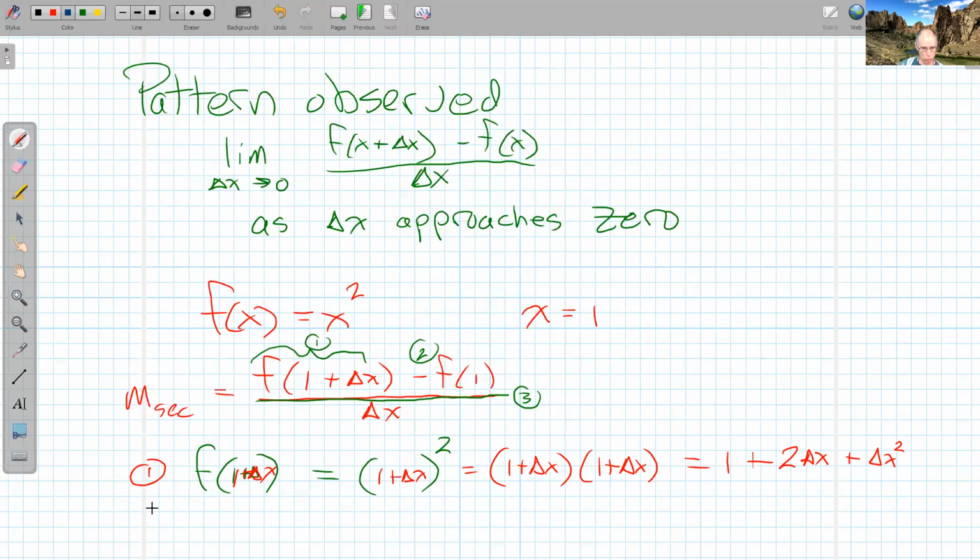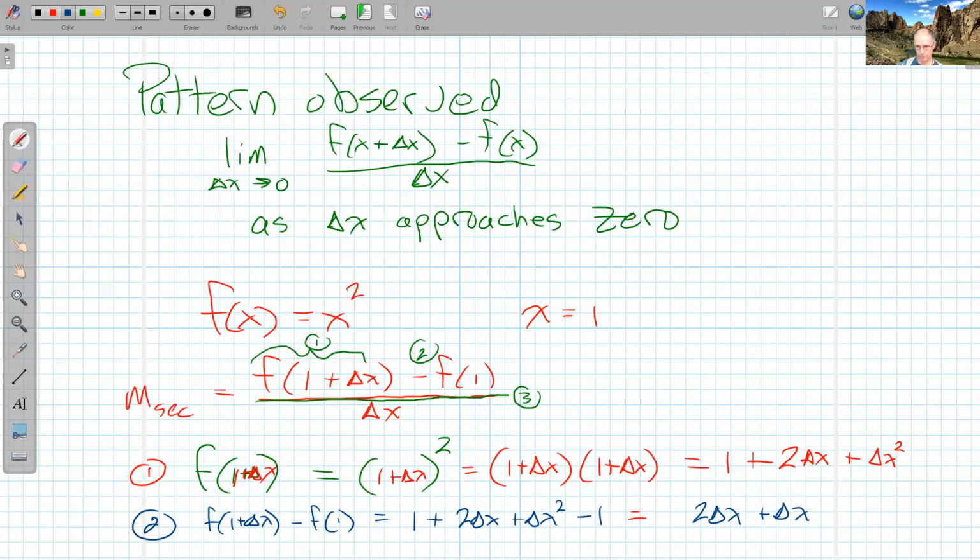So step 2 is to do the subtraction. What happens when I subtract f of 1? Well, 1 plus 2 delta x plus delta x squared minus 1. That cleans up pretty nice. That's just going to be 2 delta x's plus the delta x squared.